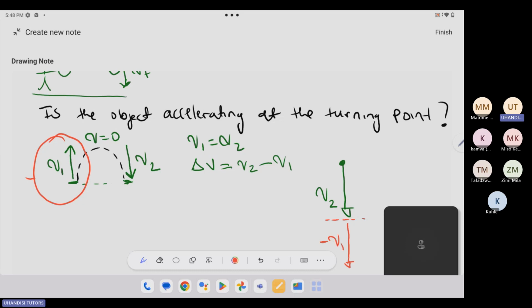This is minus v1. So connect the two. When you connect the two, what do you get? You get your change in v. This simply means that the object is still accelerating at the turning point. At the turning point, the projectile is accelerating with a magnitude of 9.8 meters per second squared. Okay, so at the turning point, the object is accelerating.